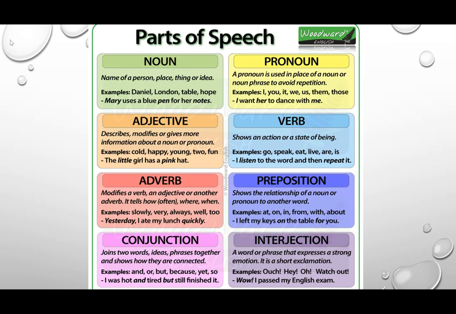And interjection, this one is less common. They're an exclamation, like a response, like oh, ow, wow. So you can see those examples that they've got there: ouch, hey, oh, watch out. The interjection is almost like a sound effect a person might make when something happens, perhaps when they're caught by surprise.